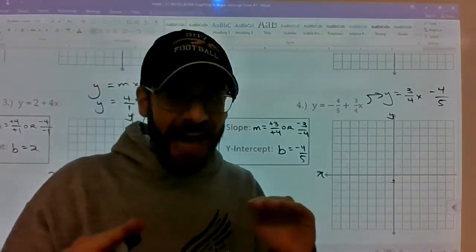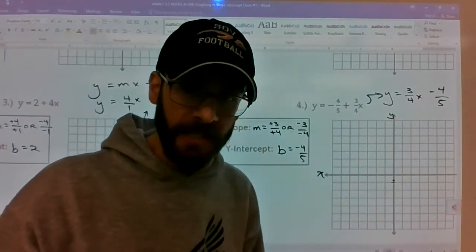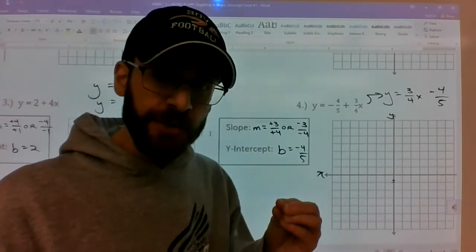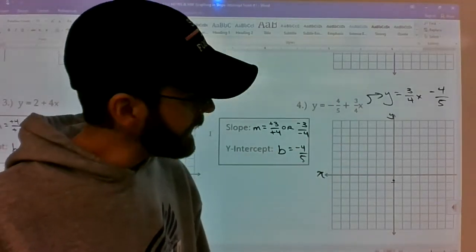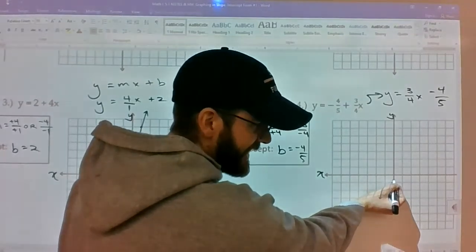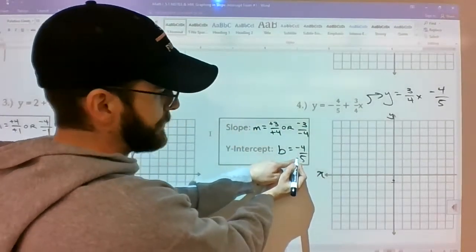Okay? It's not go down 4, right 5, and then plot a point. A lot of students like to do that. It doesn't work that way. It's got to be a place where it crosses the y-axis. And that's the place where it crosses the y-axis. So our starting point is a fraction. It's a decimal. It's negative 0.8, or negative 4/5 of a block.